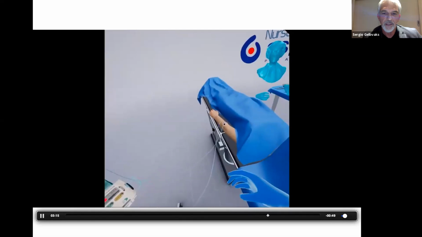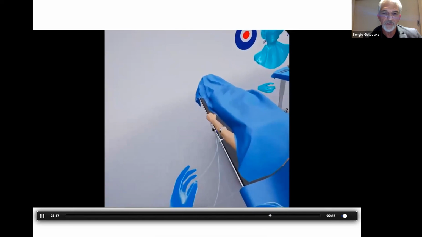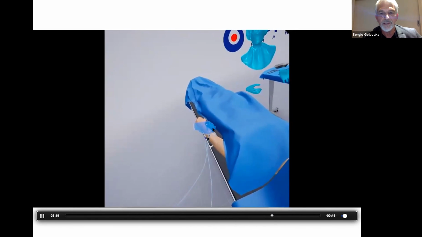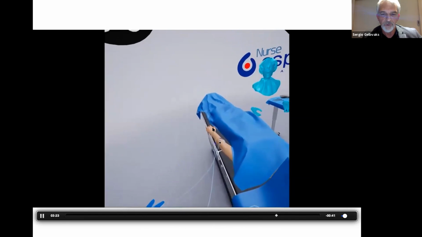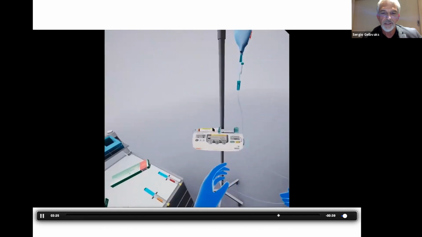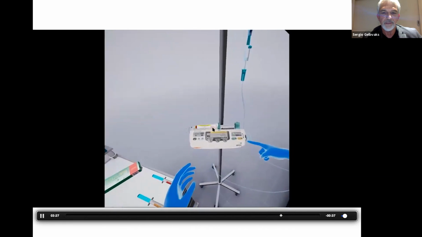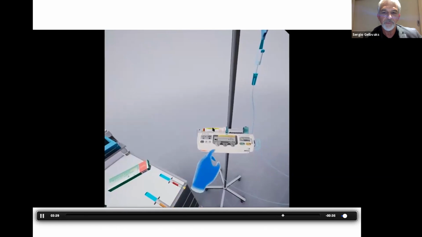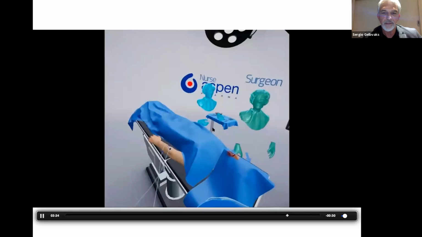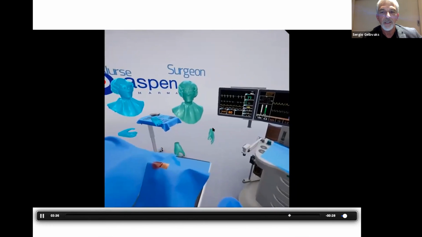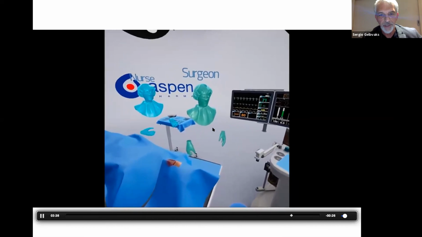So the task to the student is to discover this obstruction, to find this obstruction, solve this problem, and then adjust again the infusion rate in order to put the patient asleep again and to get down the blood pressure, and the surgeon could continue the operation, surgery.